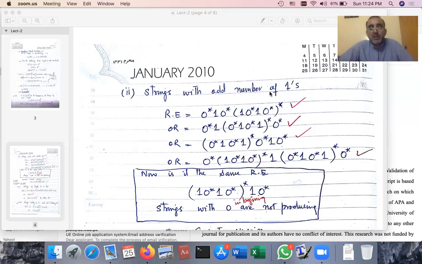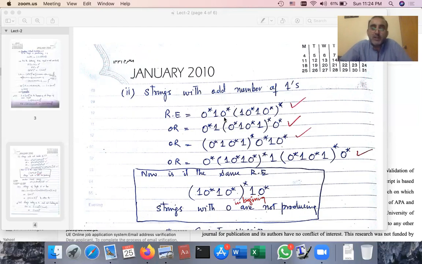So one regular expression for this language, strings with an odd number of ones, is mentioned here. Zero can come in the beginning of the string or at the end of the string. You have to mention zero somewhere, but an odd number of ones. For example, here 0 star 1 0 star.